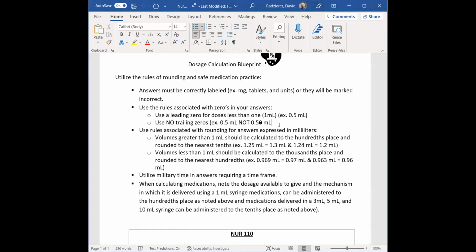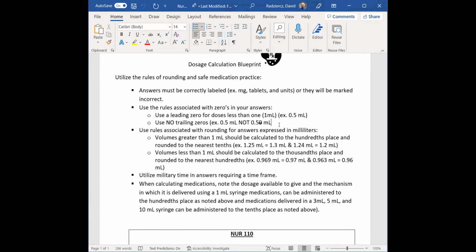You do not round basic unit conversions, when we're within the metric system, going from milligrams to grams, micrograms to milligrams, milliliters to liters, and vice versa. You do not round those numbers. So if you get an answer that is 0.375, that is your answer. Do not round that to 0.4 or 0.38.